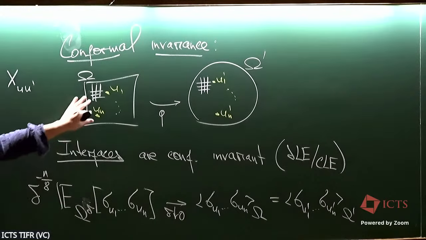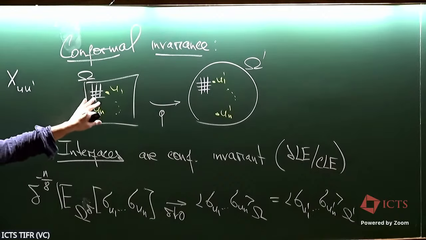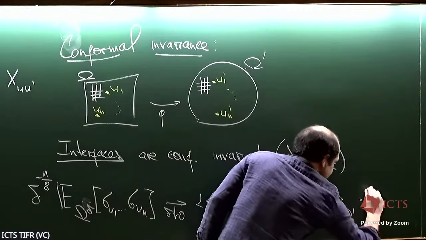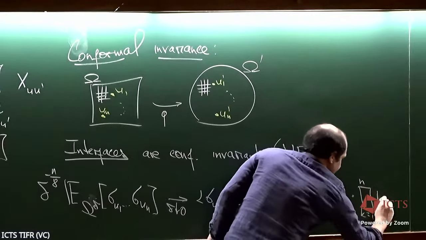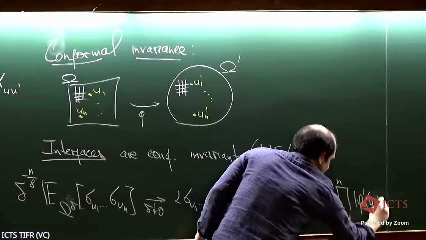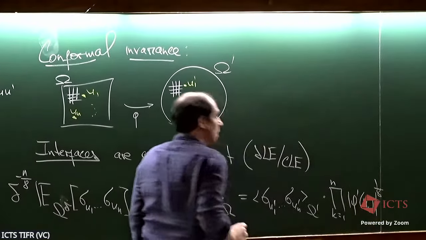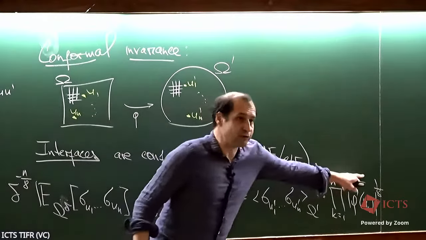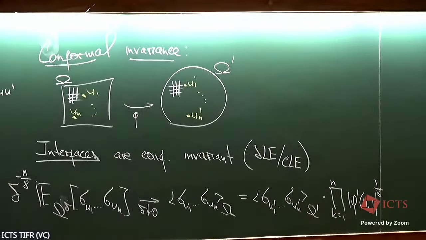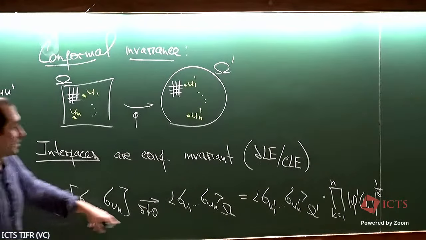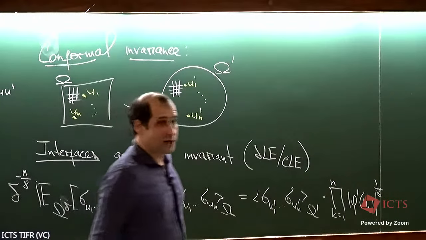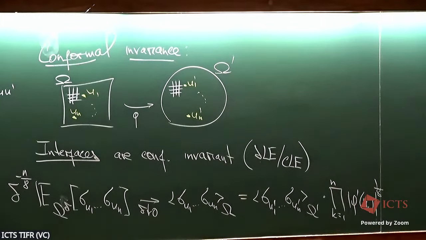If you start thinking about the scaling, you immediately understand that something is wrong. So it's not compatible with the scaling. So here there is an additional factor, which is just the product of the derivatives of my map, absolute values to the same power 1/8. It's an exercise to convince yourself that this exponent should be the same exponent as that. Otherwise, there is an intrinsic contradiction. So that's another way to think about the conformal invariance.